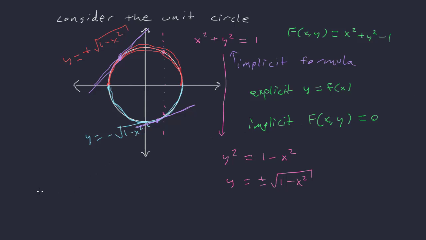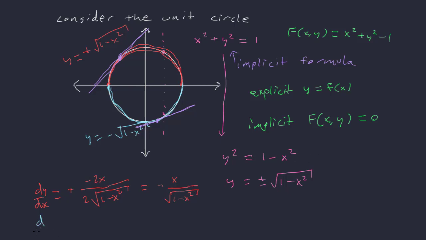For the one in the red, it would be a plus square root of stuff, so this would be plus the derivative of the stuff, which would be minus 2x all over 2 times the square root of the stuff, so that the 2's cancel. So we end up with negative x over the square root of 1 minus x squared.